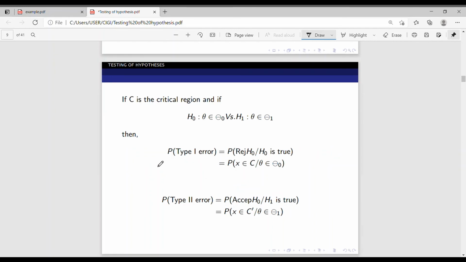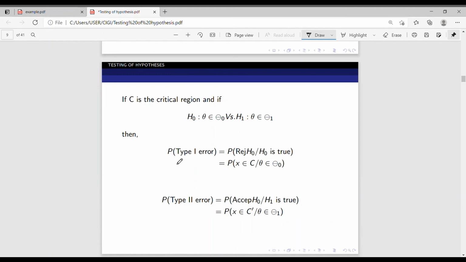Now we consider the chances of occurrence of these errors, which are given by the probability of type 1 error and the probability of type 2 error. For that, let capital C be the critical region, that is the rejection region. And H0: theta belongs to theta naught versus H1: theta belongs to theta 1. This is our problem of testing.